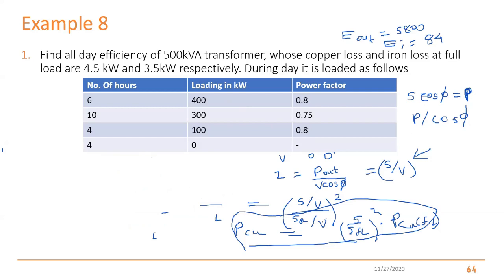Now I can use this equation individually. Suppose these are load 1, load 2, load 3. First I calculate copper loss 1, which should be 400 divided by 0.8, over 500, squared, into 4.5.